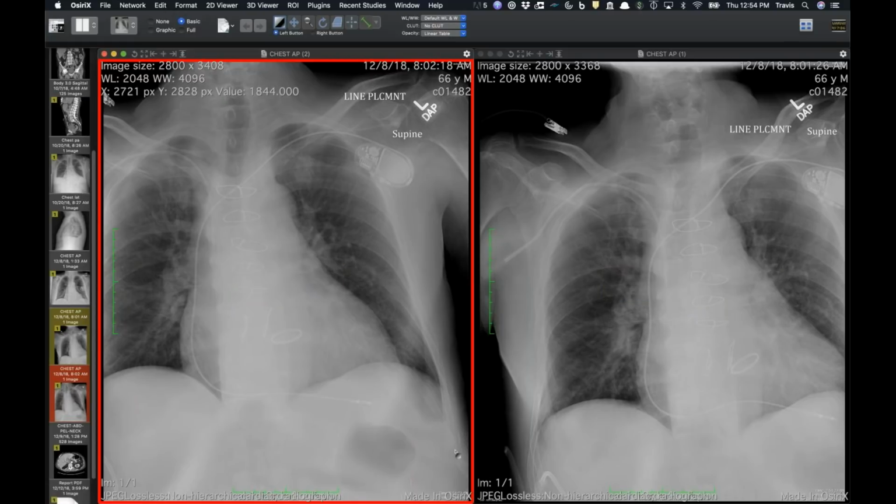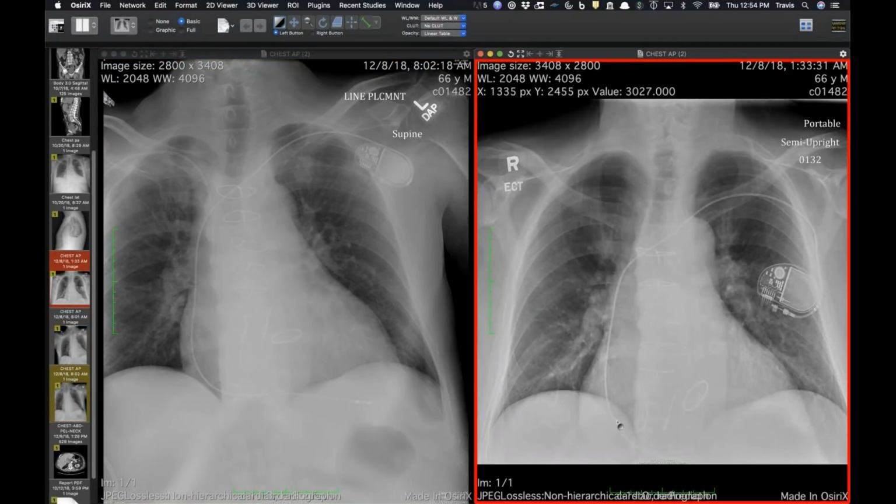Yep, 801, 802. And the position isn't even that much different between those two. But there may be a third one, and even this one is done on the same day. This was 7 hours. This one was 7 hours before this one.